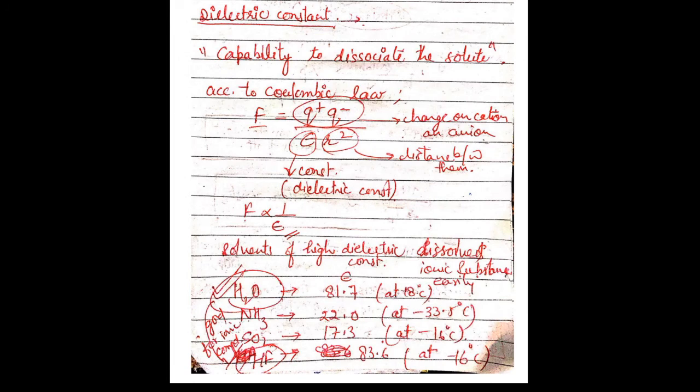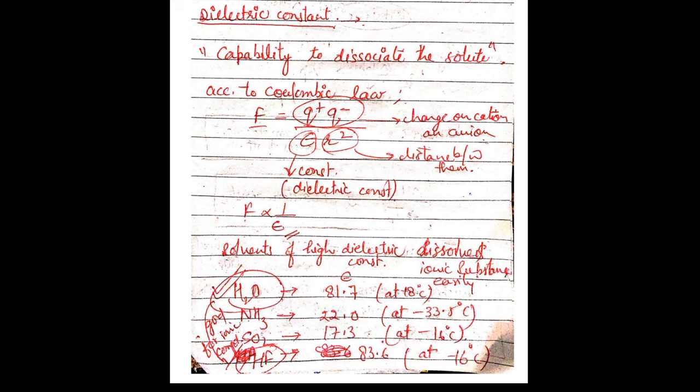The next property of a solvent is dielectric constant. So what is dielectric constant? It is the property which measures the polar nature of the solvent and helps to estimate the solubility of polar or non-polar substances in the solvent, or we can say it is the capability to dissolve the solute.